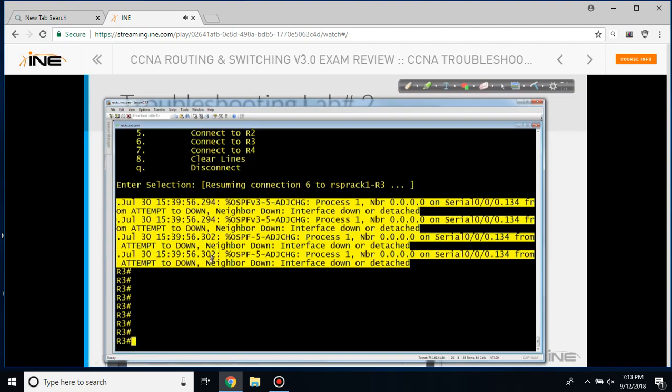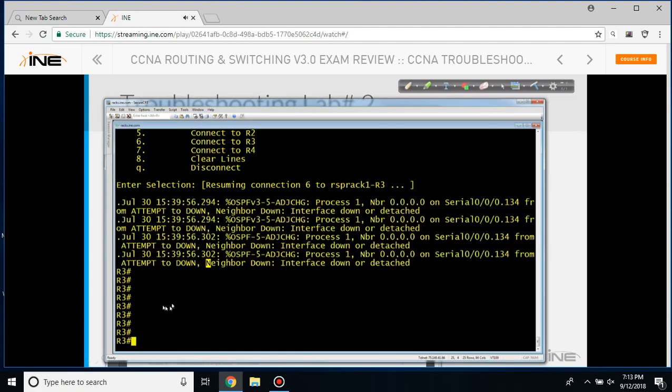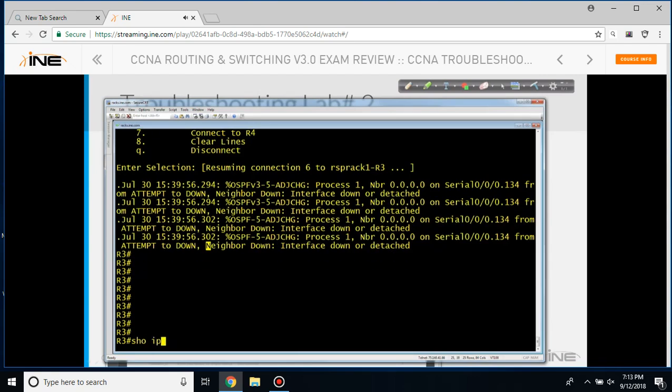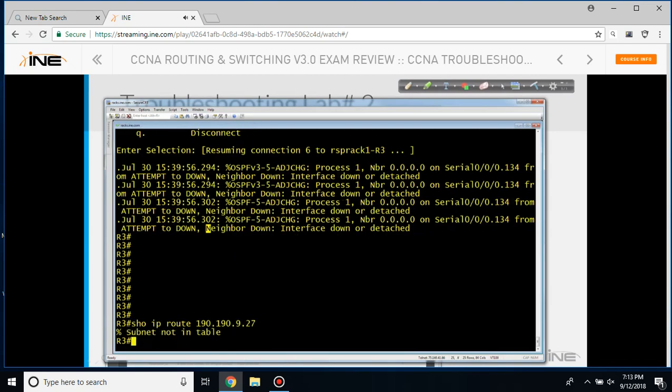Whole bunch of OSPF neighbor relationships are down. Show IP route 190.190.9.27. That's where the pings would have initiated from. Subnet not in table. Okay, so now we've identified what the problem is. The problem is R3 can't reply to those pings because he doesn't know where to reply to.